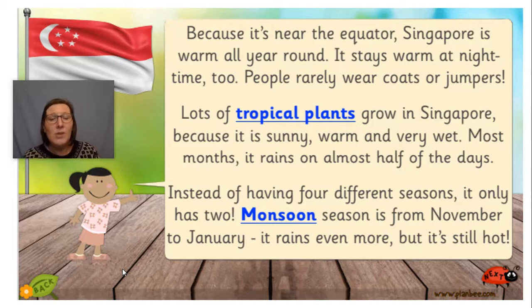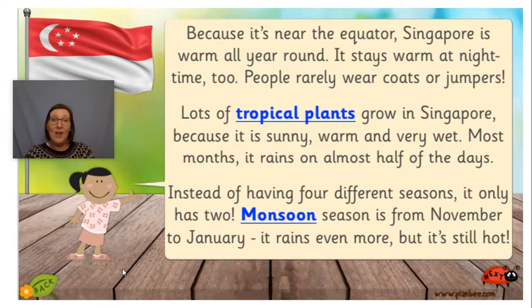Now, in monsoon season, it rains even more. So they have monsoons from November right through to January. And then from February right through to the end of October, it's when it's drier. It's the drier season. And in the monsoon season, even though it's raining a lot more, it's still very hot.